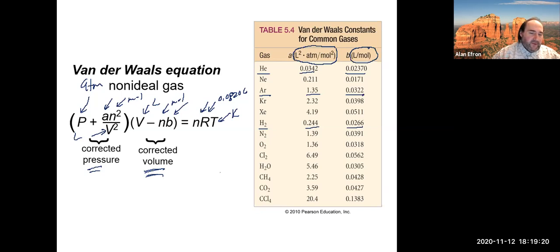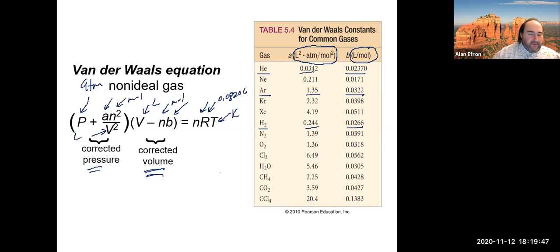The van der Waals equation for real gases is a lot more specific type of gas law, where if I wanted to use it for CO2, I would have to go find the values. But then if I want to use it for H2, I've got to go find some different values for a and b. Well, if I want to use the ideal gas law for both of those gases, I could just plug it in without it being so specific. So the van der Waals equation is oftentimes the more specific one.